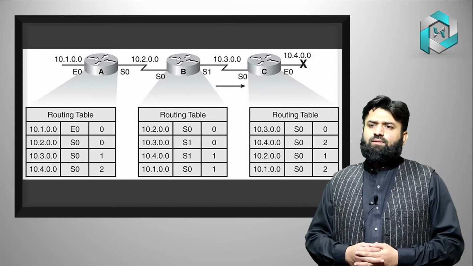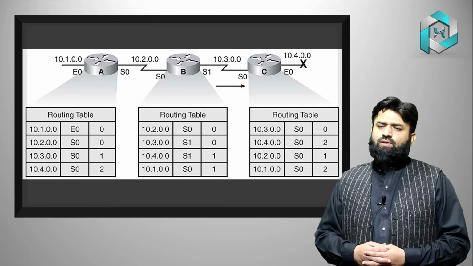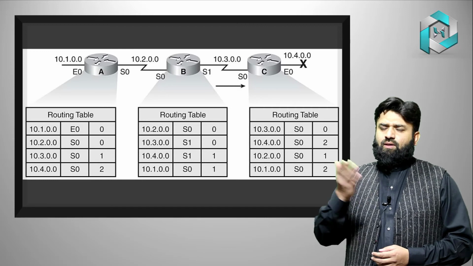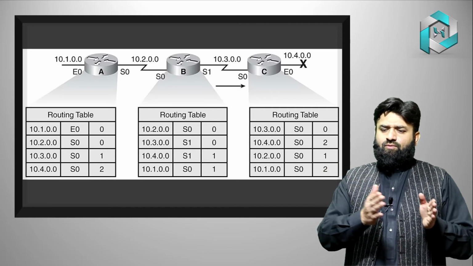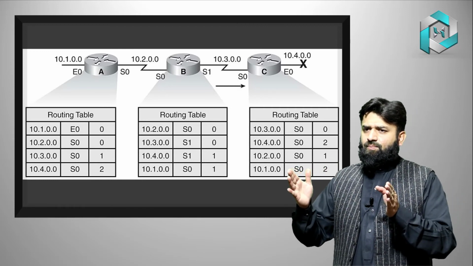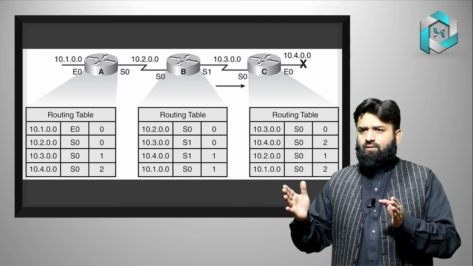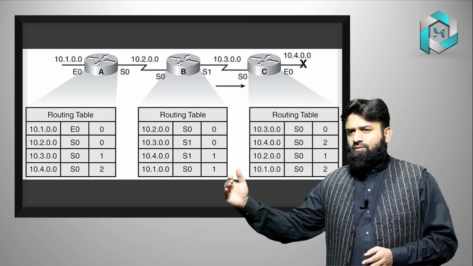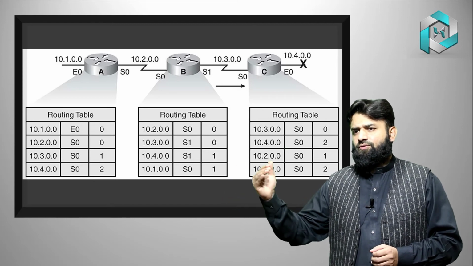We can simply observe that the network is appended to the same port, like the 10.1.0.0 network is connected to port Ethernet 0, which is denoted by E0.